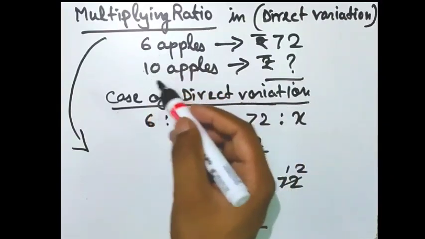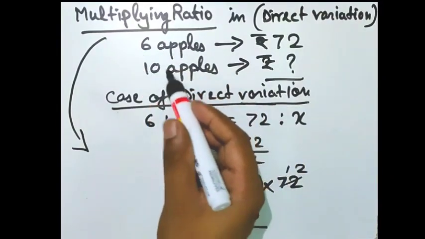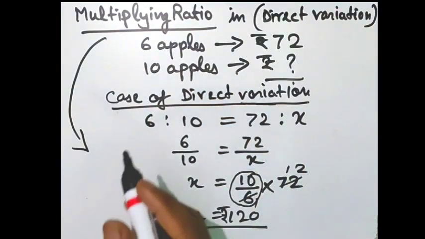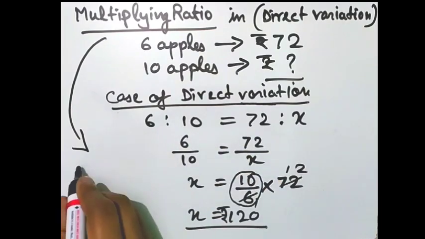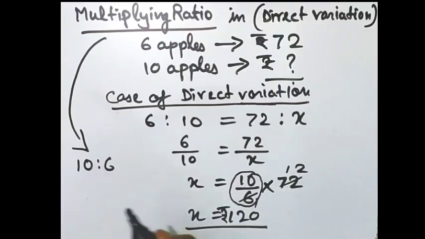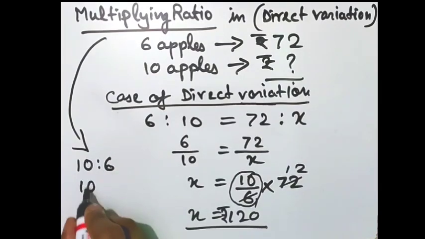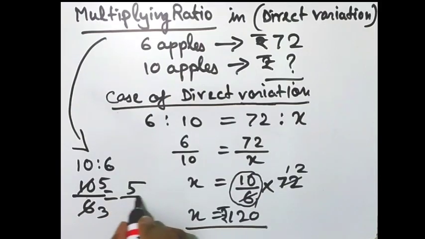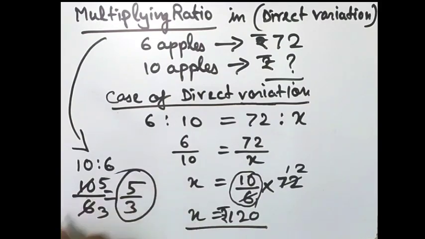So the inverse of the two values of apples will be the multiplying ratio, that is 10 is to 6, or we can say 10 by 6. So we can simplify it as 2 3 is 6, 2 5 is 10. So we can say 5 by 3 is the multiplying ratio, isn't it? 10 by 6 means 5 by 3.